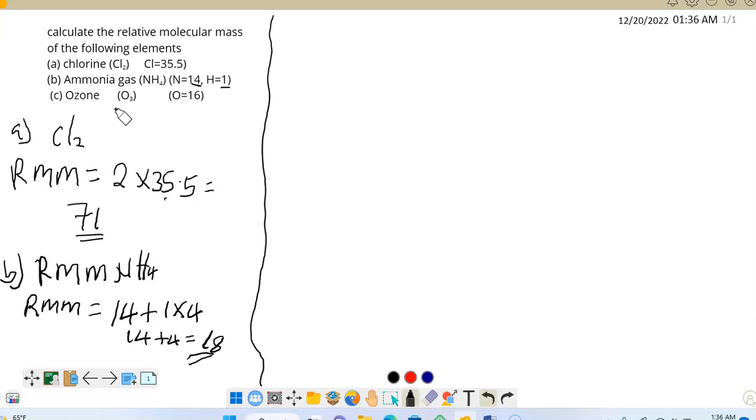We have ozone. Ozone is 3 oxygen, and each oxygen is 16. So ozone O3, the relative molecular mass of ozone O3 is equal to, we don't know. Each oxygen contains 16. How many oxygen do we have in ozone? 3 oxygen.